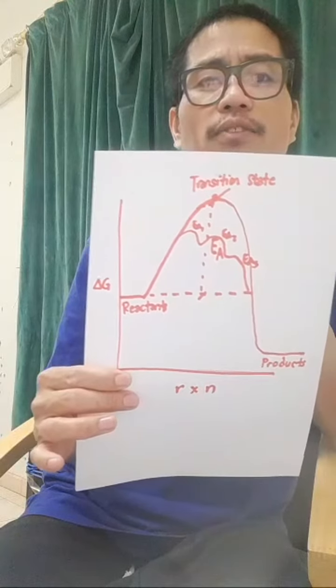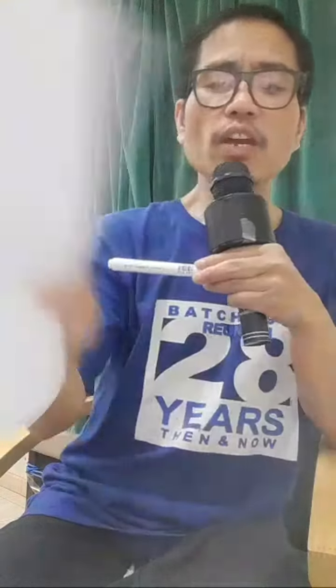Okay, now, EA1, EA2, EA3. It's going to be like this. So it's very clear, right? So I have to put here unstable intermediate reaction. Okay, like this. Unstable intermediate reaction.